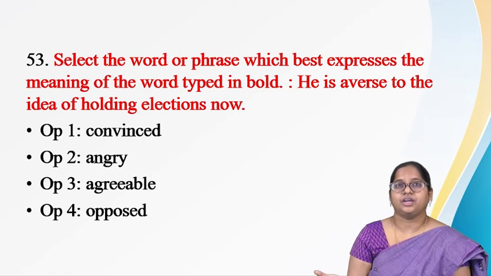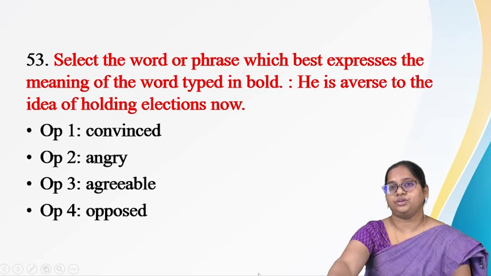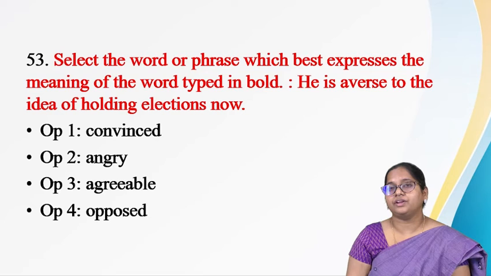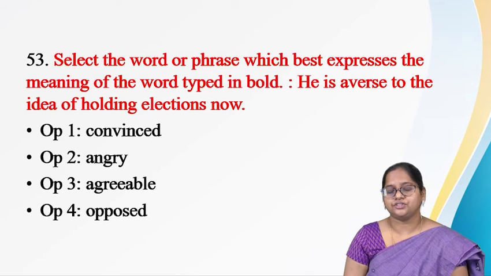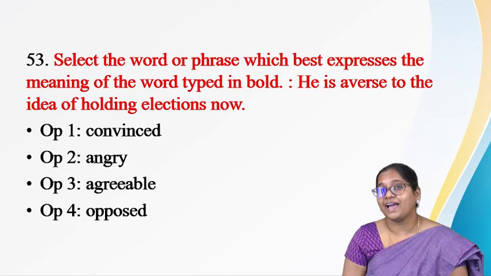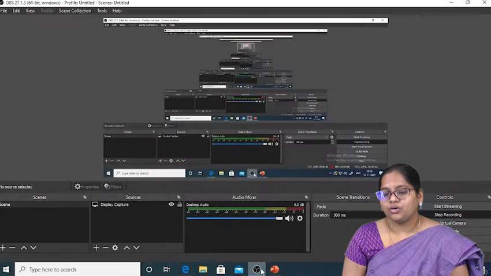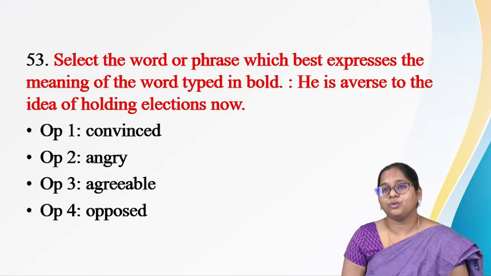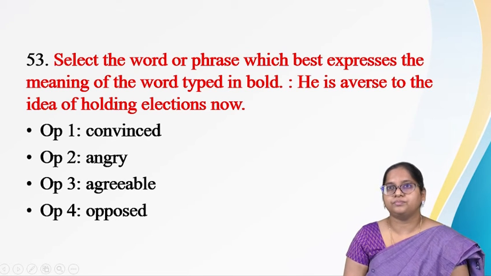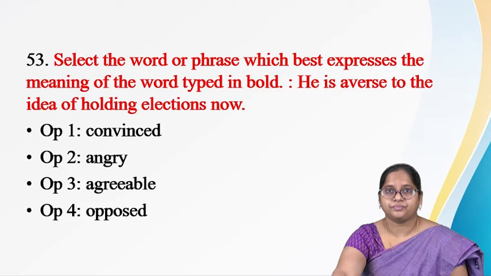Averse to it means against, hatred and all that. So that is the meaning of the word. Options given: convinced, angry, agreeable, opposed to. It is nothing to do with conviction, anger, or whether you agree or not, your approval or not. So option 4, opposed, opposition. Yes, this is when you are averse to that. You don't support. So it is aversion.